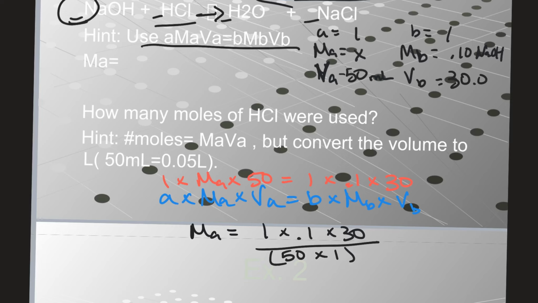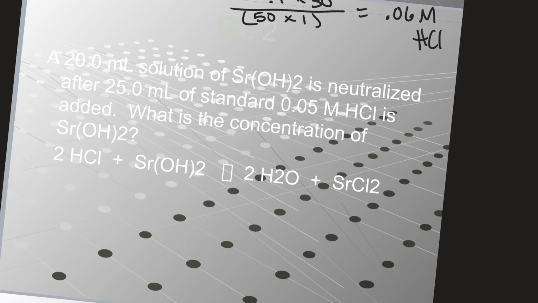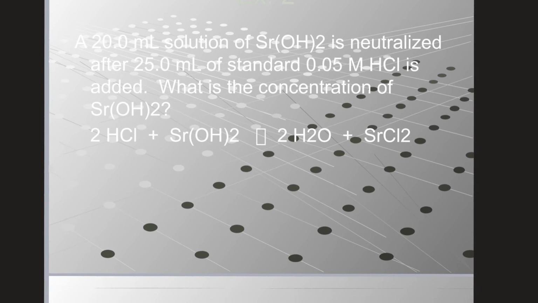When you solve for this, you will get the answer for MA, and what you should get is 0.06 molar. So the concentration of the acid HCl is 0.06. Let's look at the next example.